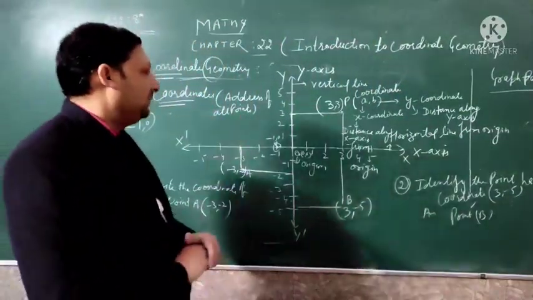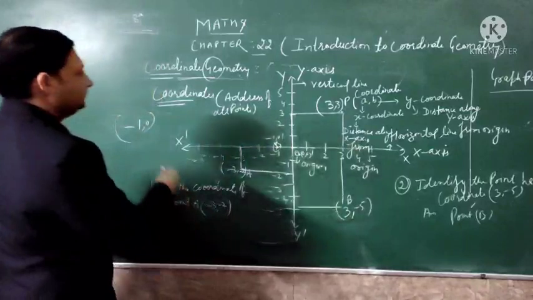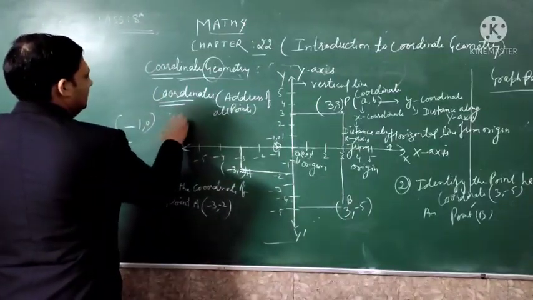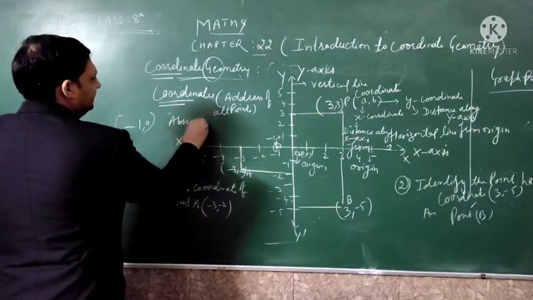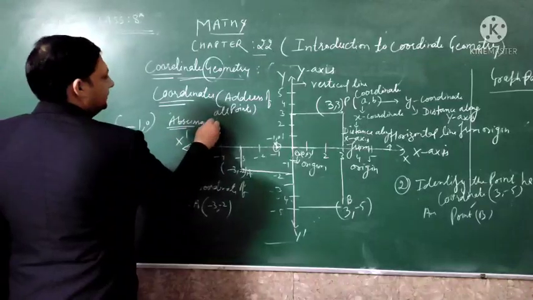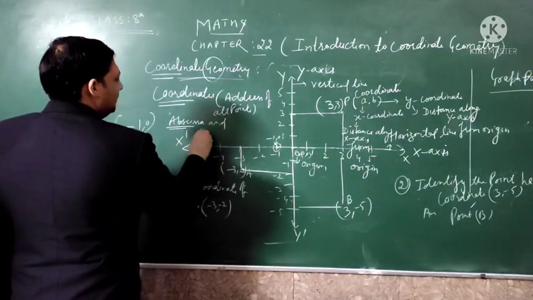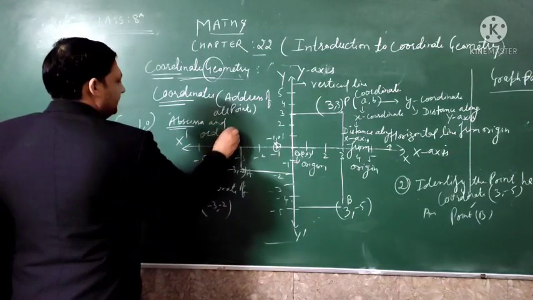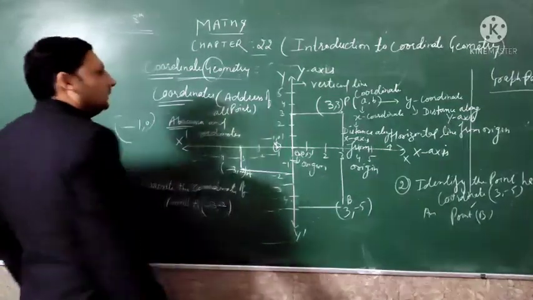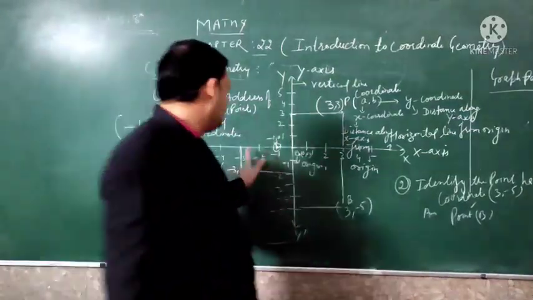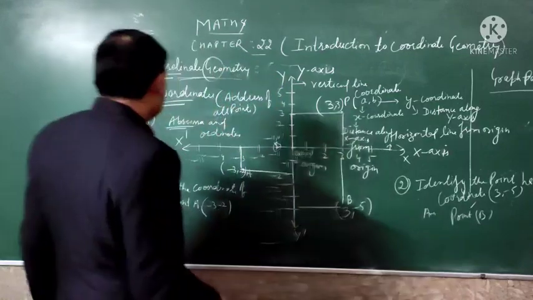Now last topic is remaining, that is abscissa and ordinate. Any point which lies on x-axis.